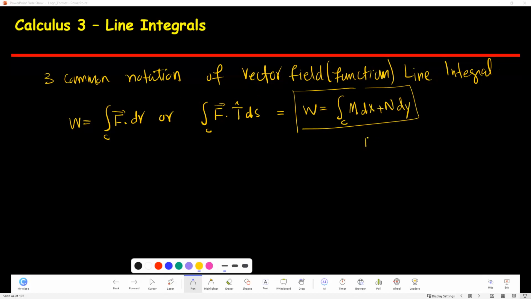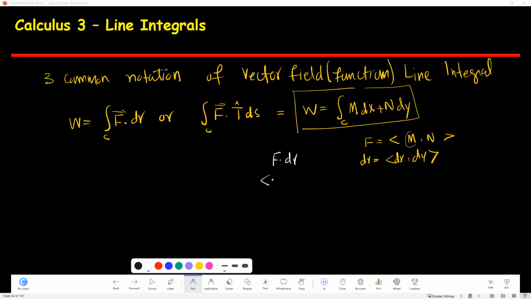So what is f? If you have a function given, you can parameterize this function into m and n. These are the 2 coordinates. And then dr equals dx, dy, right? If you want to parameterize the position vector, you can just take the derivative. So f dot dr means you're going to multiply this to this.